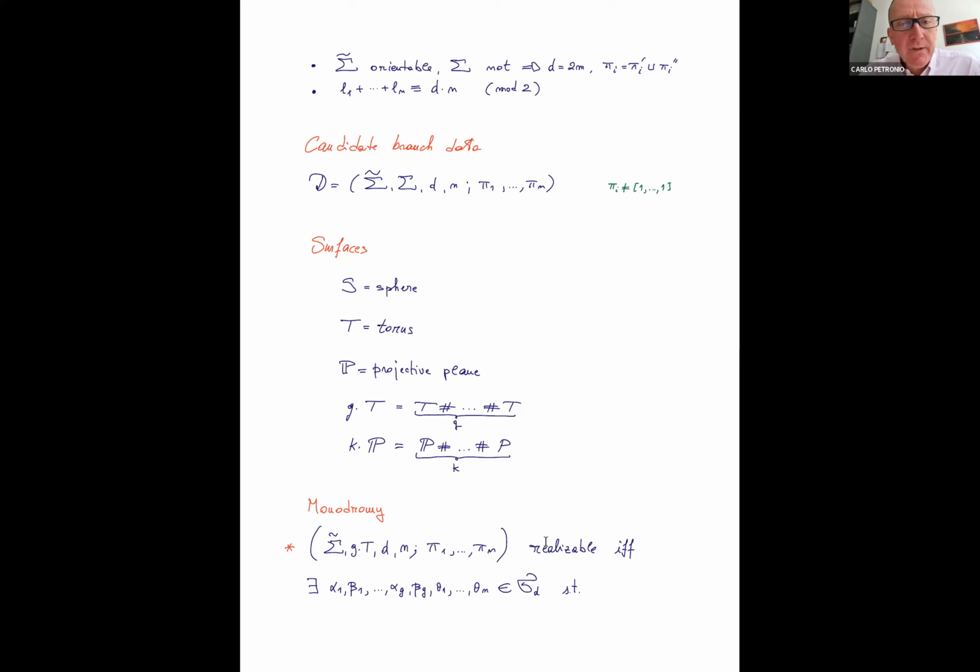And then the Hurwitz problem, which dates back to the end of the 19th century, asks which branch data are actually realizable, so coming from actual branched covers. Actually, Hurwitz was asking how many, up to some natural equivalence relation, but I will stick to the problem of existence only.